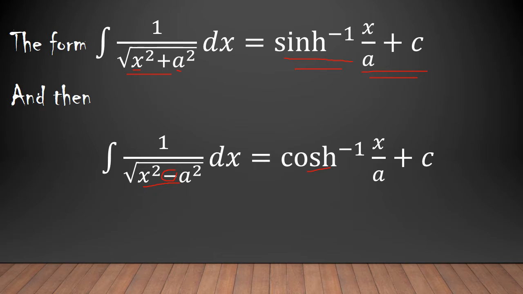And if you have a negative here, then you get cos inverse of x over a. That's very important to note, because this is what we'll be doing throughout our discussion today.